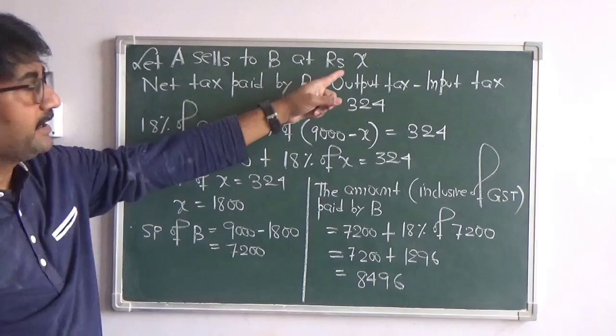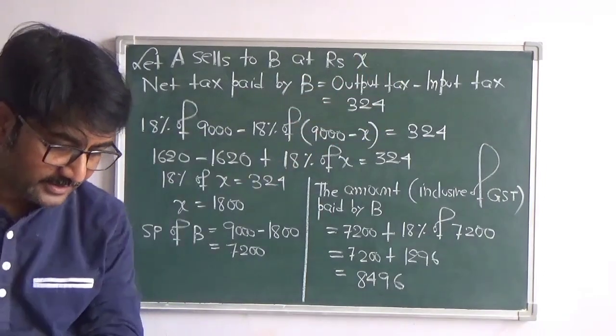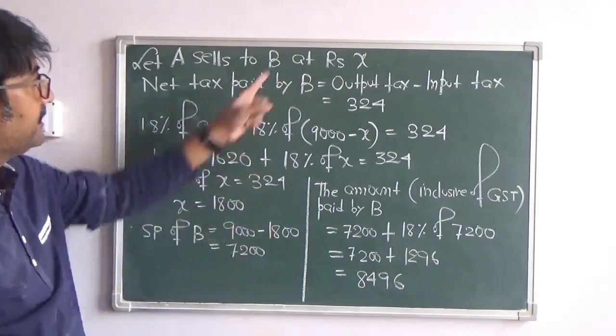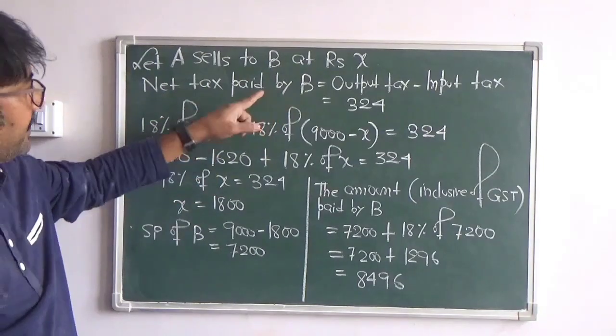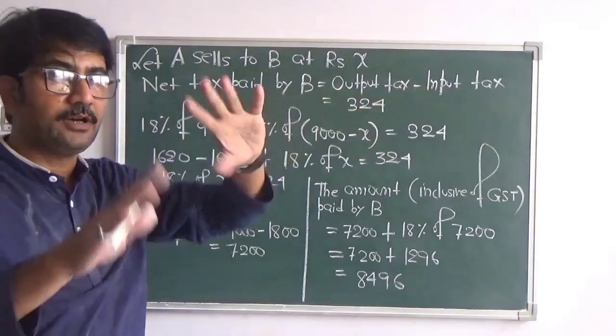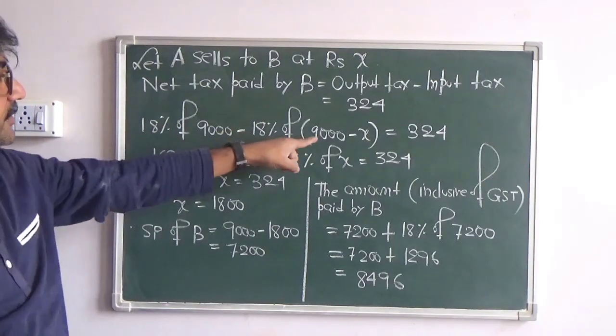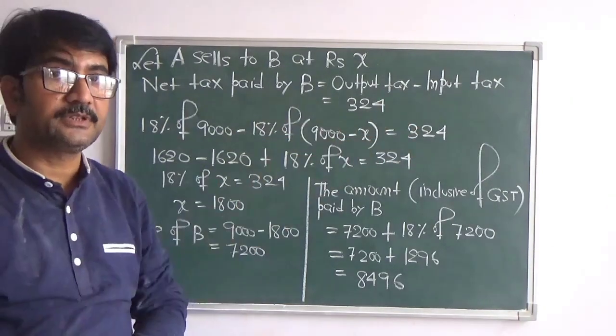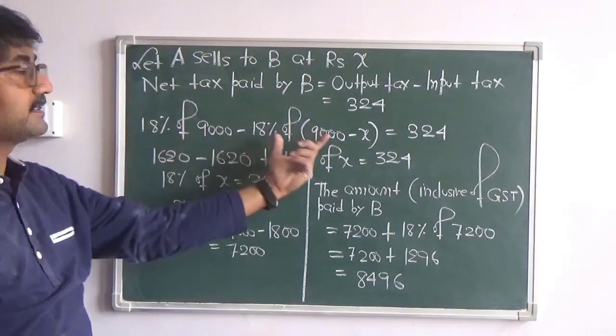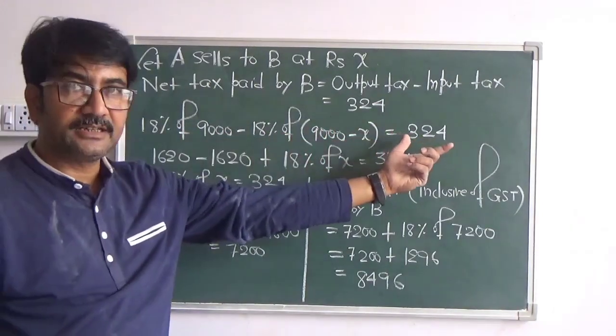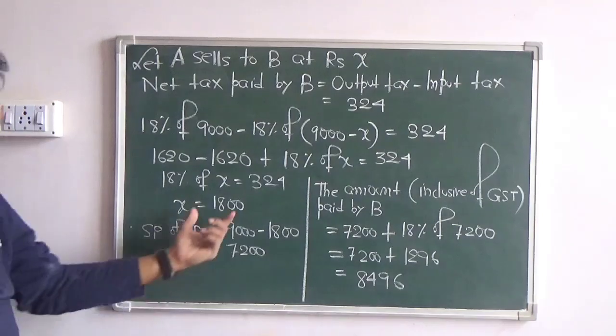So here it is. A sells to B at rupees X, which is some lower price. Let the lower price be X. Tax paid by B is equal to 324, which is equal to output tax minus input tax. So 18% of 9,000 minus 18% of (9,000 minus X) is equal to 324. Solving that we get X as 1800.